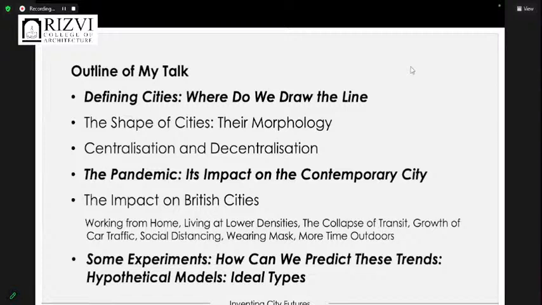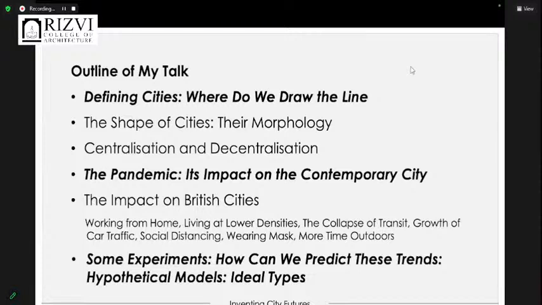The forces of centralization and decentralization, the pull and push forces that relate to cities, are all important in terms of their shape. And of course, centralisation and decentralisation is intimately connected to transportation in some senses. As we change the mode of transportation, we change the balance of how centralised and how decentralised activities are in cities.